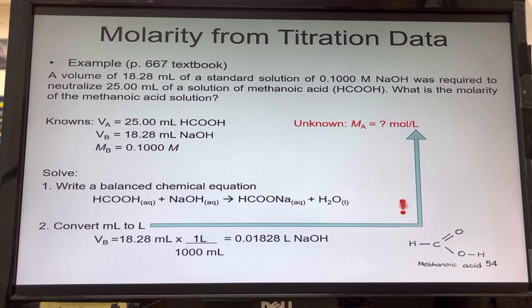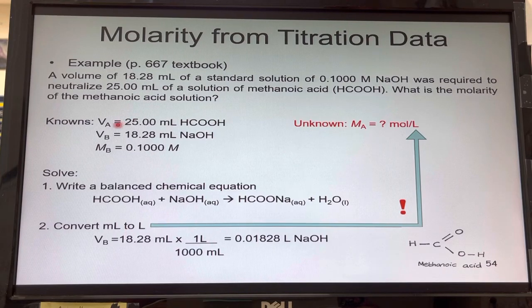So you have to make sure that your volumes, when you're doing this math, are in liters. Just like when you were doing the gas laws and they had to be in certain units, had to be in Kelvin, not degrees Celsius, had to be in liters for the ideal gas law, not in milliliters, right? So you have to convert your volumes to liters.